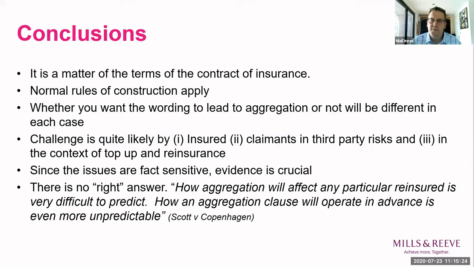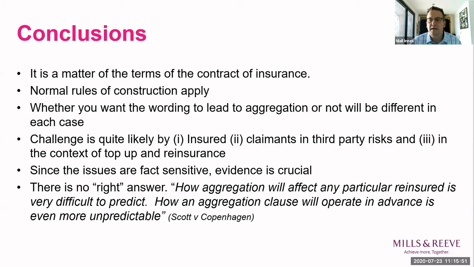So depending on your position, you are likely to want to aggregate on one matter, but with the same wording to resist it in the next, depending on where you are in the overall transaction. And if you recall the very basic example that we had at the beginning, the insured is in one circumstance massively underinsured, but in the other, the insurer is paying out way more than their limit. So these are matters of really big significance.